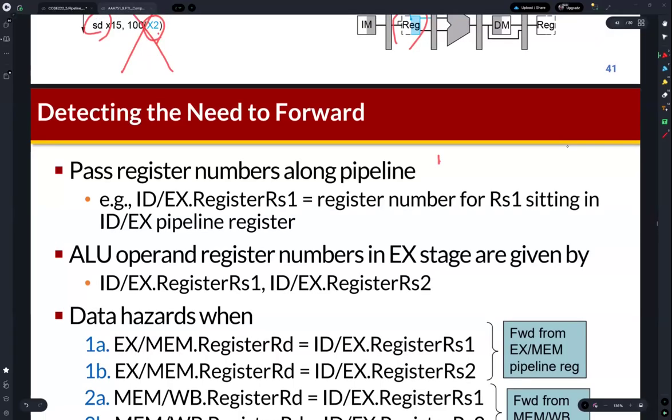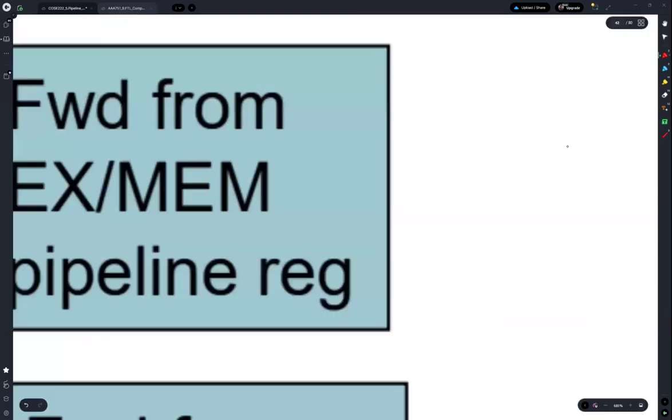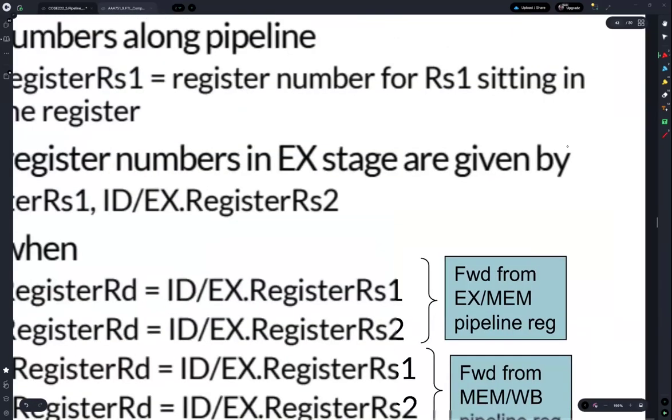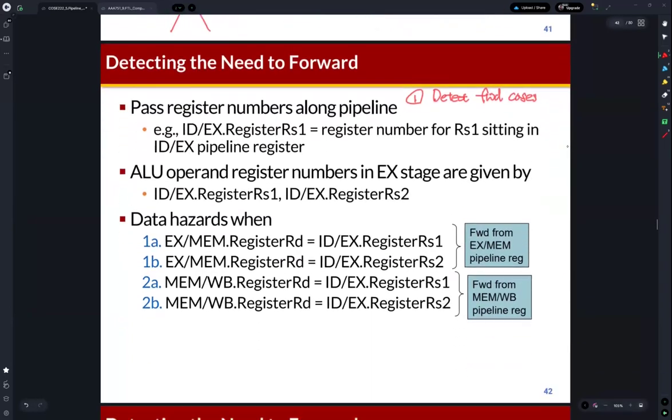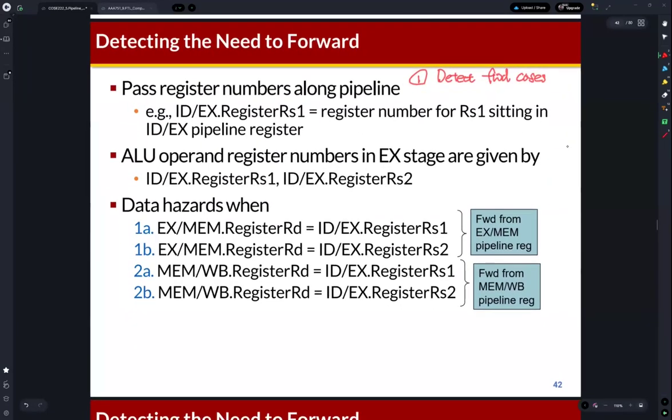Firstly, we need to detect what? Forwarding cases. So firstly, we need to detect when the data forwarding is required, right?